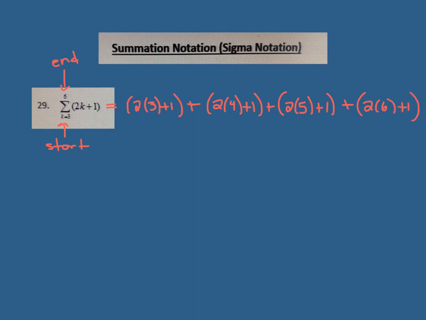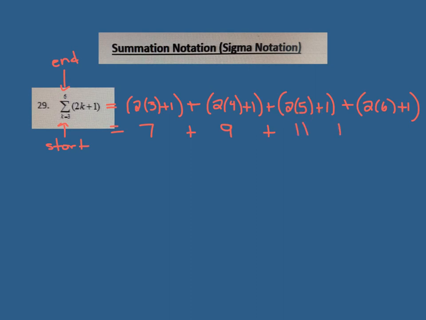Okay, so let's figure out what this is equal to. So 2 times 3 is 6, and 6 plus 1 is 7. Then I'll bring down my addition sign. So 2 times 4 is 8, plus 1 would be 9. So we're going to add 9 to that. And then plus 2 times 5 is 10, plus 1 is 11.